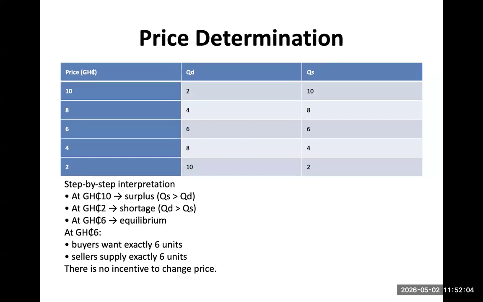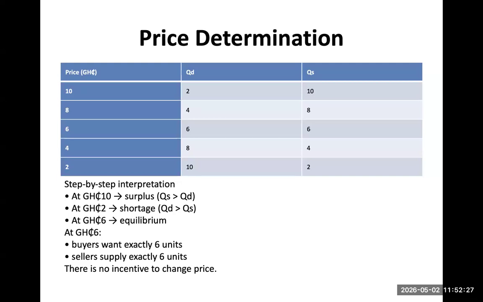This is a hypothetical firm, an assumed firm. At the price of 10 Ghana cedis, the buyers were willing to buy 2 units of the product. Let's assume that this is a mobile phone market.